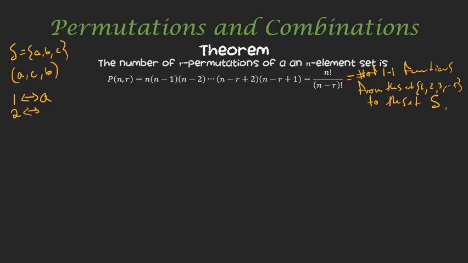The second place is C. And the third place is B. And so we could go about proving this by associating it with this one-to-one function from 1 through r to my set S.